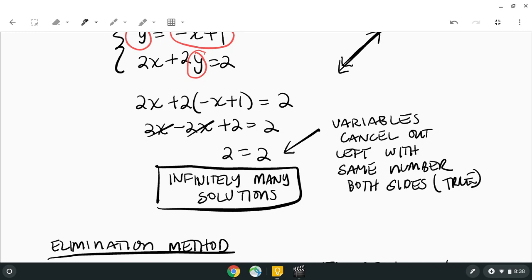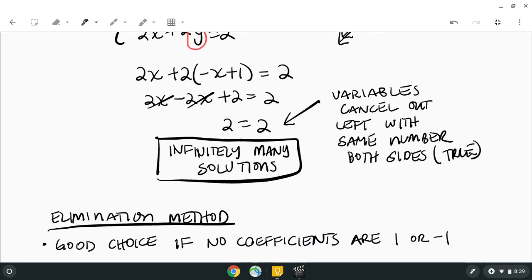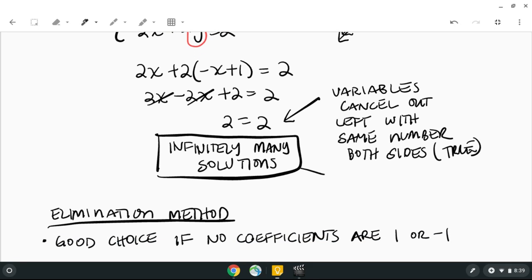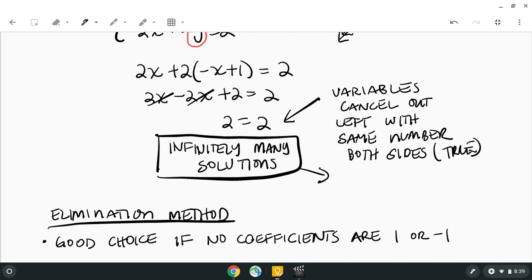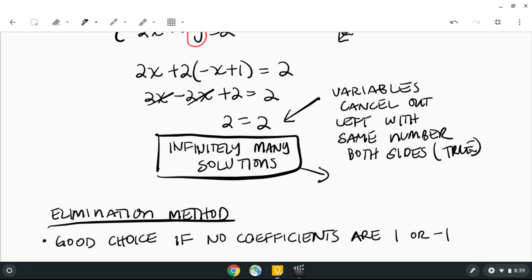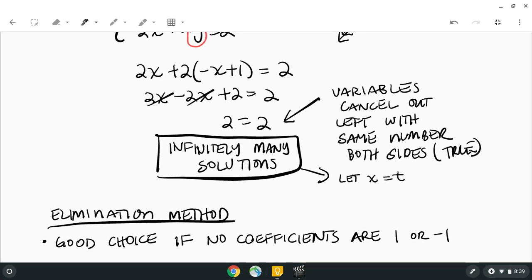We have infinitely many solutions: x is some number, y is some number, and we have infinitely many of those. So the way we're going to write our answers now is I'm going to let x equal t.